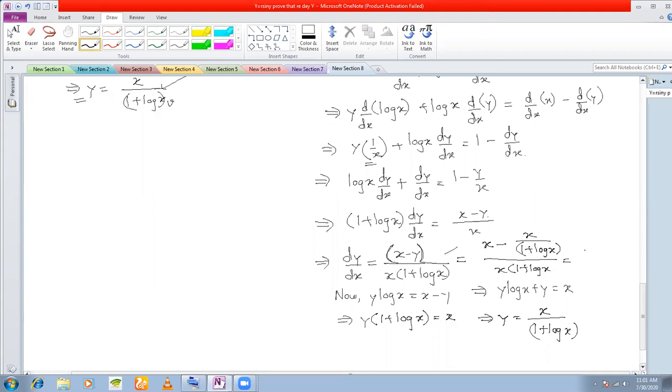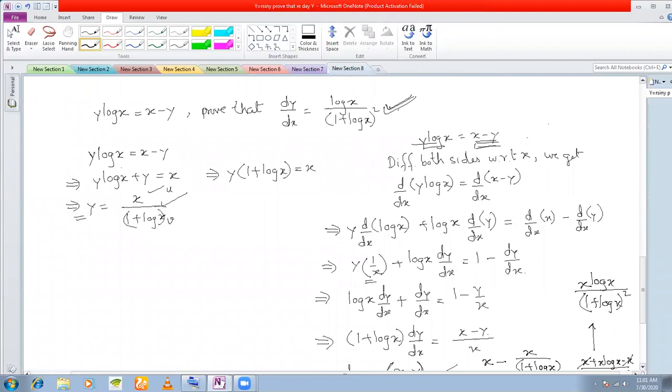Now if you simplify, take the LCM, x plus x log x minus x divided by 1 plus log x, divided by 1 plus log x, right? So this x and this x cancel. You get x log x by 1 plus log x whole square. So am I getting the required expression or not?